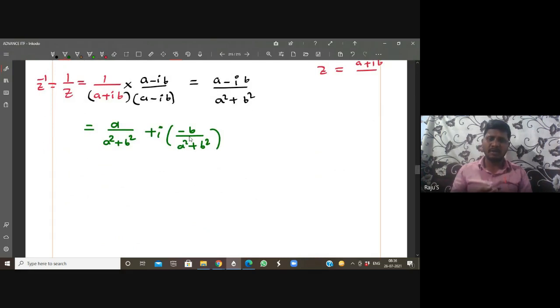If you remember this formula, you can write the inverse of a complex number in standard form directly. Otherwise, simply rationalize. In NCERT you cannot write the answer directly; you must rationalize, then only you'll get the marks.